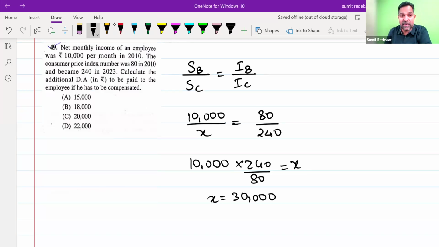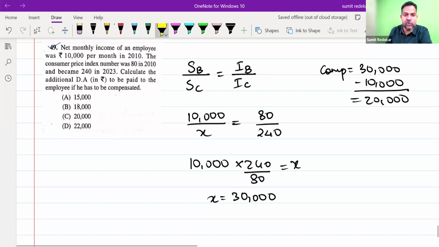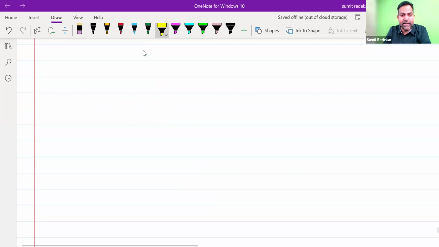Well, yes, but what are they asking? Calculate the additional dearness allowance to be paid to the employee so that he or she is compensated, which means that I am paying them 10,000 rupees. I need to compensate for the extra. So compensation is going to be 30,000 minus 10,000, which is 20,000 rupees. The answer to this is C, 20,000. That is question number 49.